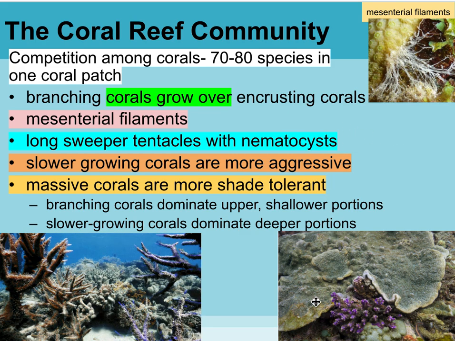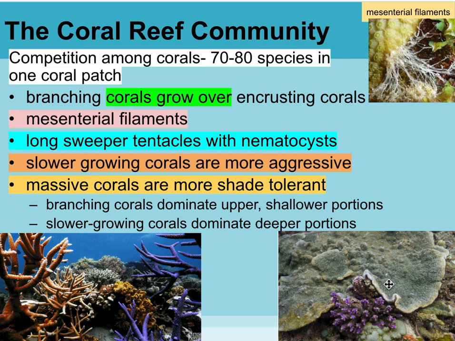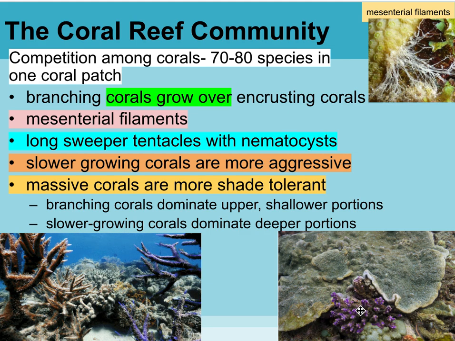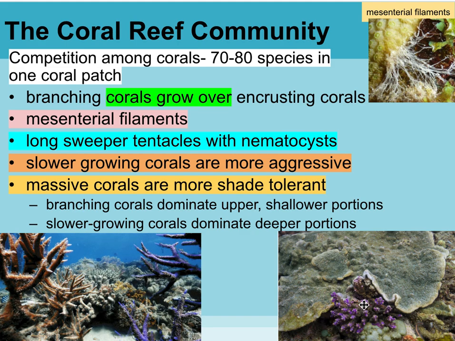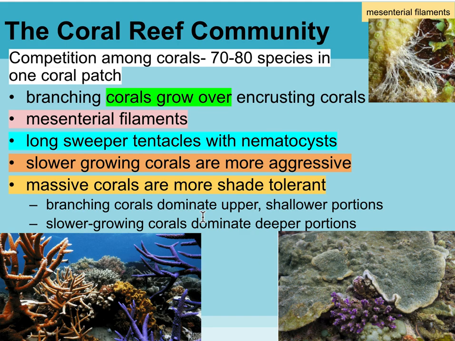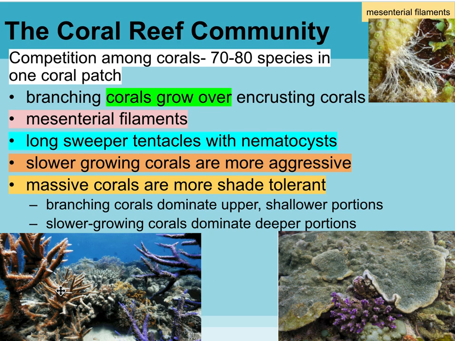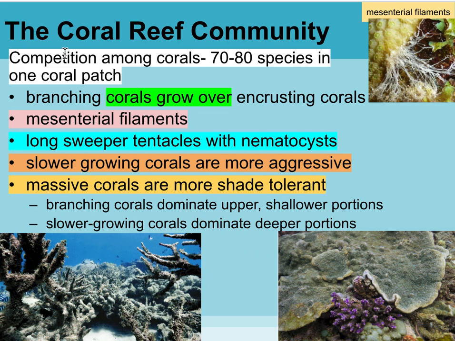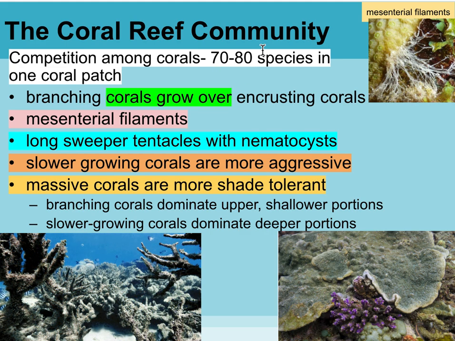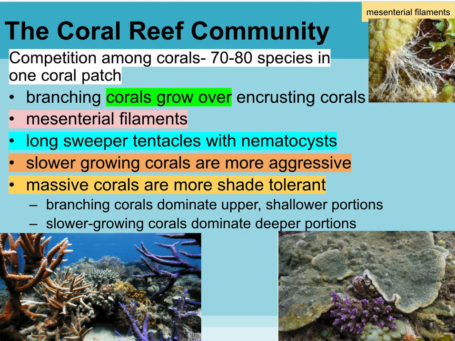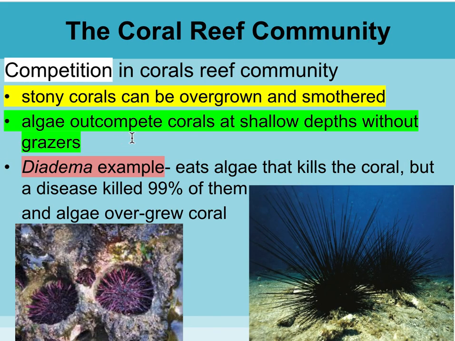Some of them are like this coral here that is literally growing over this other coral, and you can see that in the picture, and it will overtake it and kill it over time. So what you don't see is that these are all animals that are competing for space, and in just one tiny patch you can have 70 to 80 species all competing for the space.